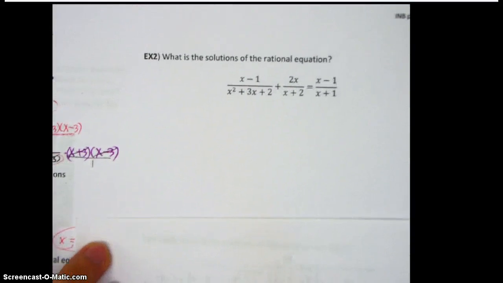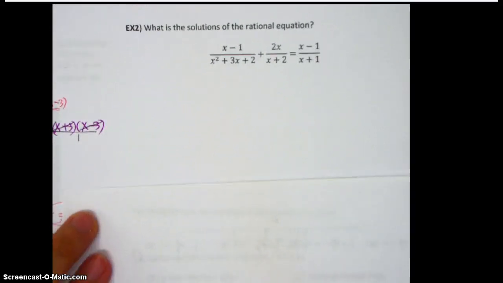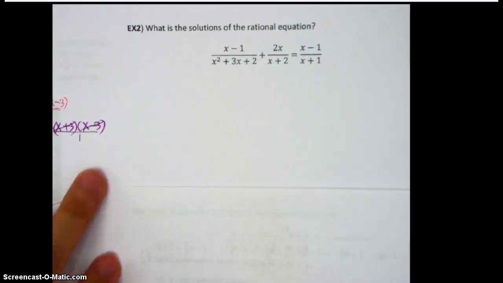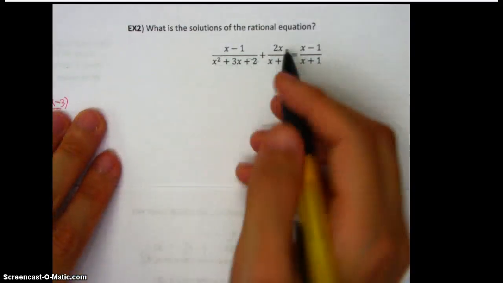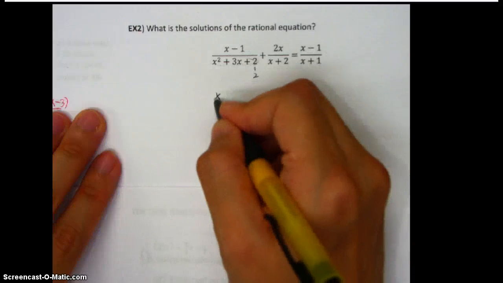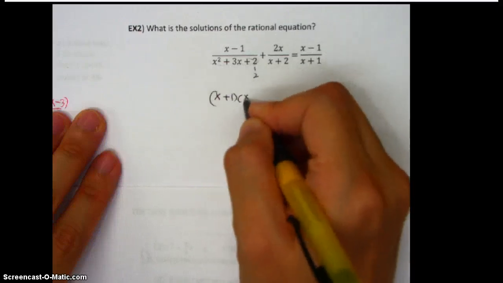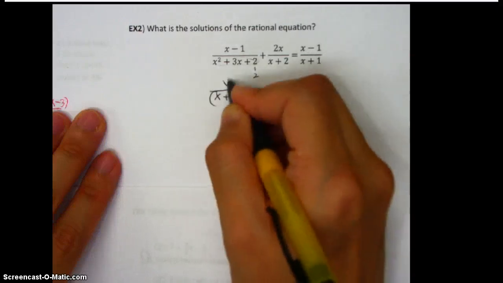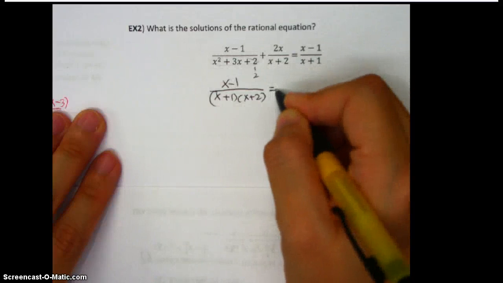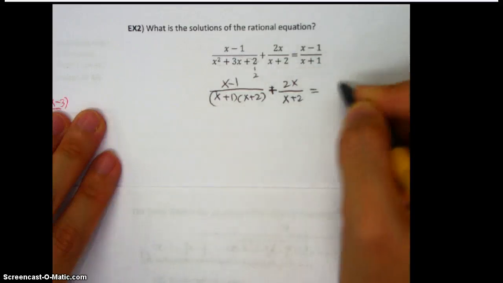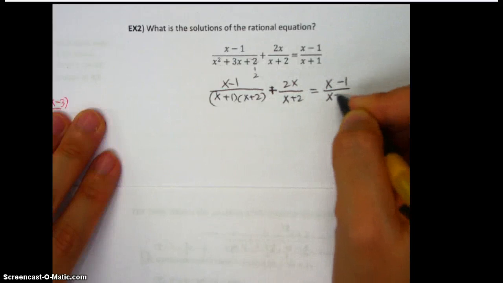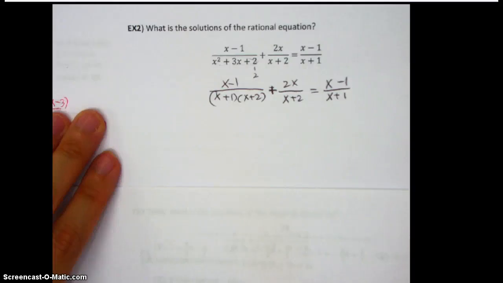Let's look at the second example. What is the solution of this rational equation? We're going to do the same thing. The first step is to factor the denominator as much as possible. This seems like it can be factored into x plus 1 and x plus 2. x plus 2 cannot be factored anymore, and x plus 1 cannot be factored anymore.